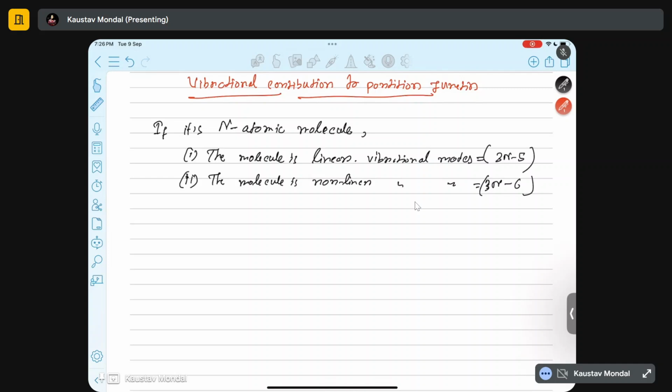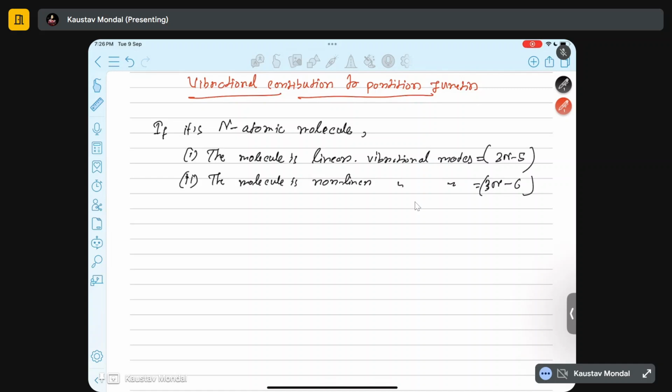Now the thing is, each vibrational mode has its own partition function. Each vibrational mode you can associate with its own independent partition function.